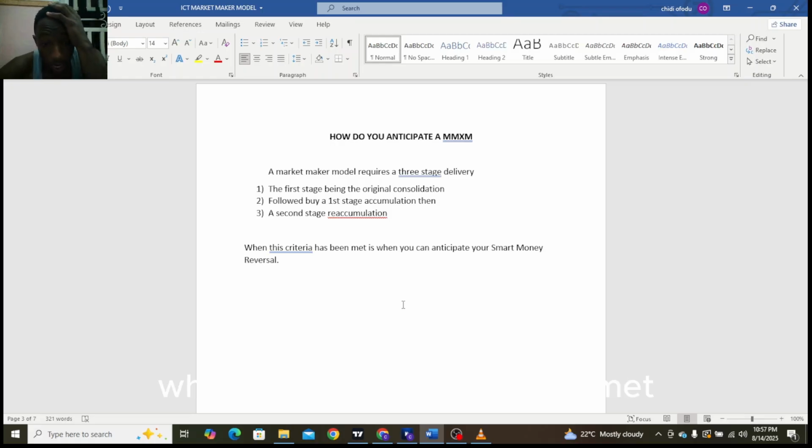When this criteria has been met is when you can anticipate your smart money reversal. This part is going to be confusing to you guys at first, but when you get used to it, you can understand when the first stage accumulation and reaccumulation would form and how they would form.